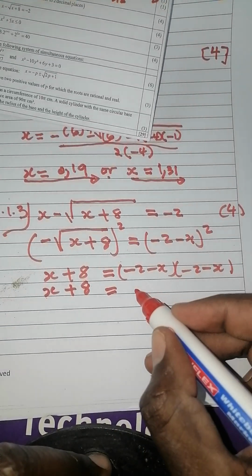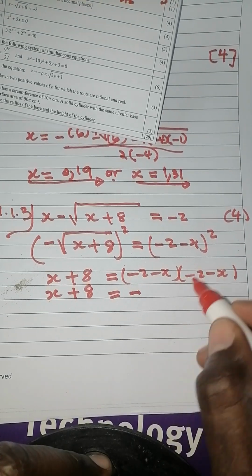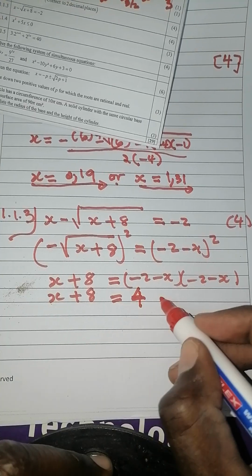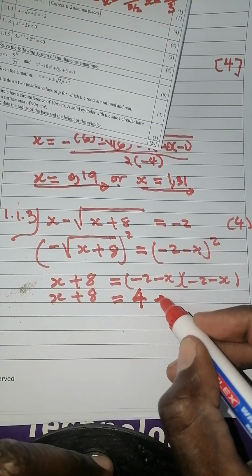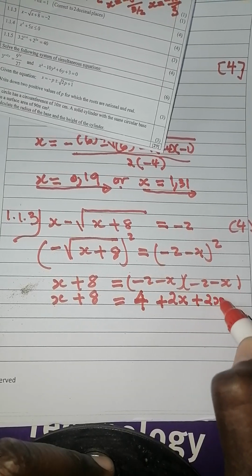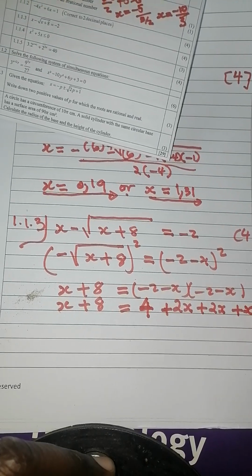On the right, applying the FOIL method, negative 2 times negative 2 is a positive 4. Then this side it's going to be plus 2x, then this plus 2x, and then plus x squared.